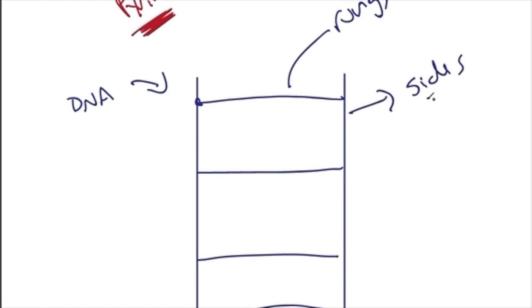The sides you're going to want to think of as the backbone of DNA, where it gets its structure. This can still be made out of metal, but this is rope right here. So this part is really strong.